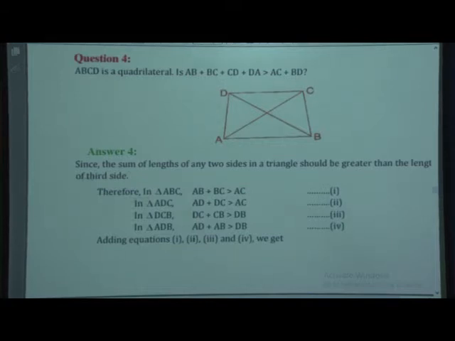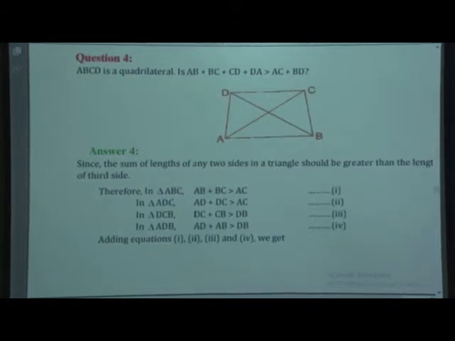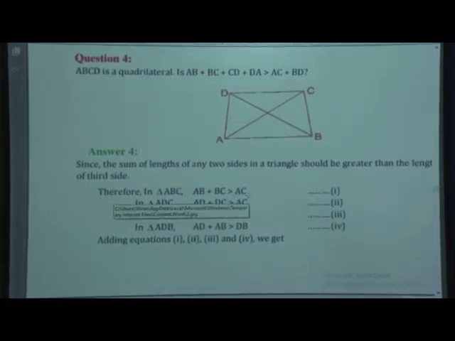Since the sum of the lengths of any two sides of a triangle should be greater than the length of the third side, therefore in triangle ABC, we have to consider this triangle A, B and C. In triangle ABC, AB plus BC is greater than AC.